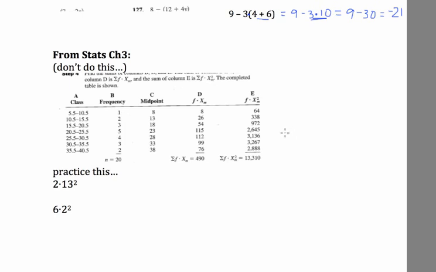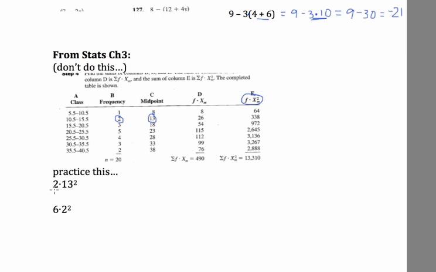Another example where we use order of operation comes from a stats table. This is from an Intro to Stats course that we have here at Fond du Lac. What the student is supposed to do is take the number out of the frequency column and times it by the midpoint squared. F times the midpoint squared. Here's the formula. So this, 2 times 13 squared.